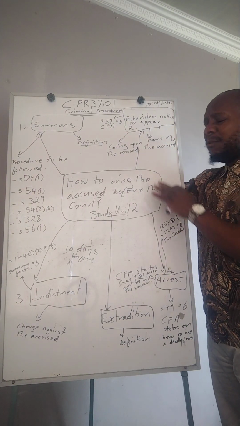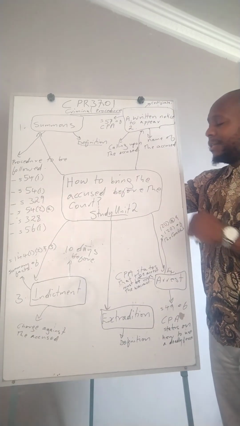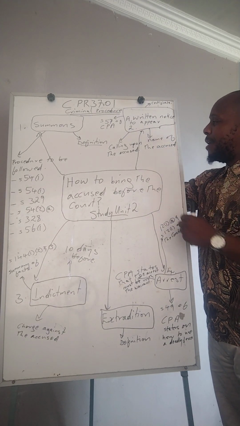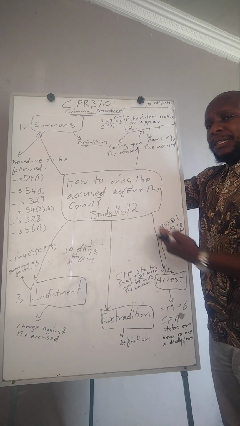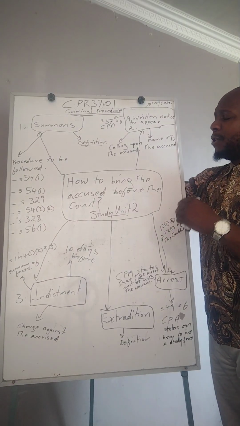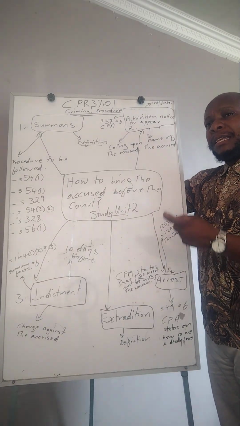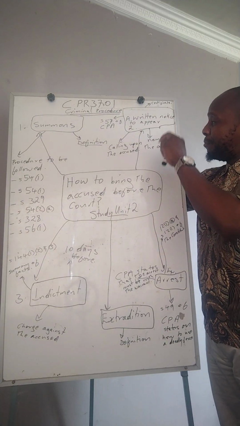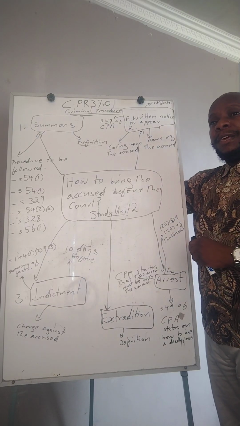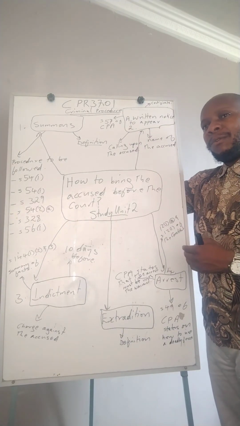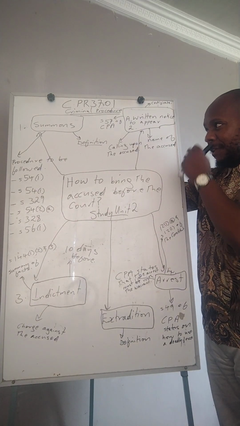It contains the name of the accused, the address of the accused, the nationality and the age of the accused. And the notice is actually calling upon the accused to appear on a certain date, at a certain time, which is specified in the notice, to answer the charge that is against him.